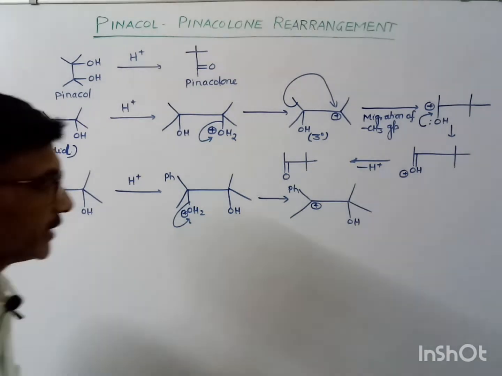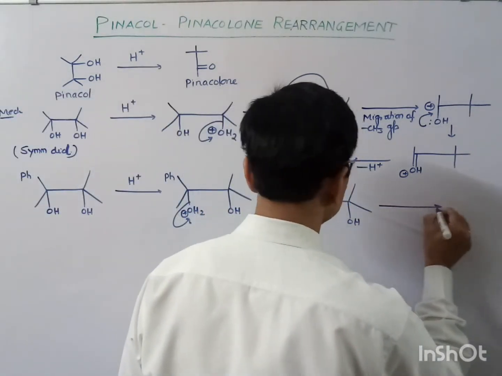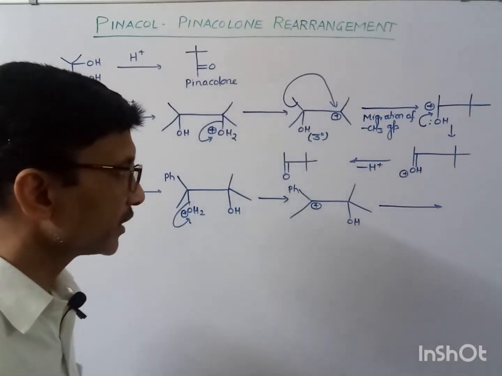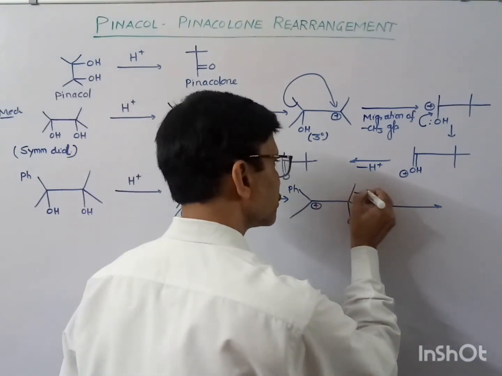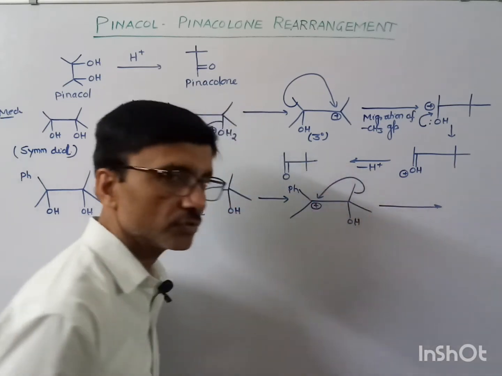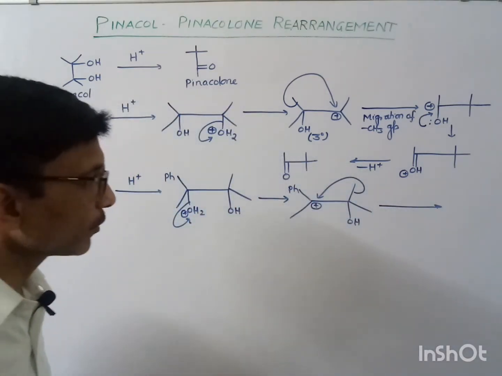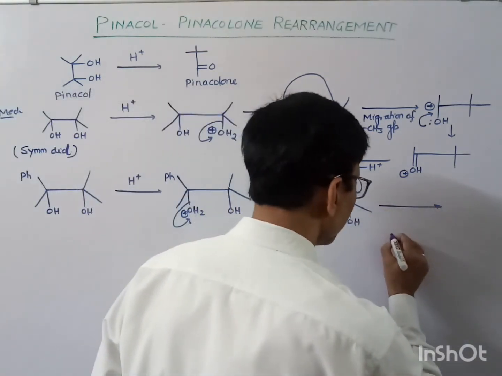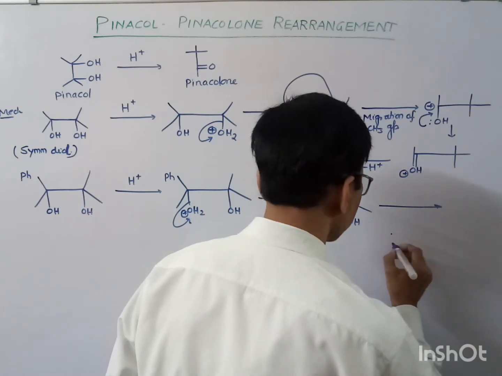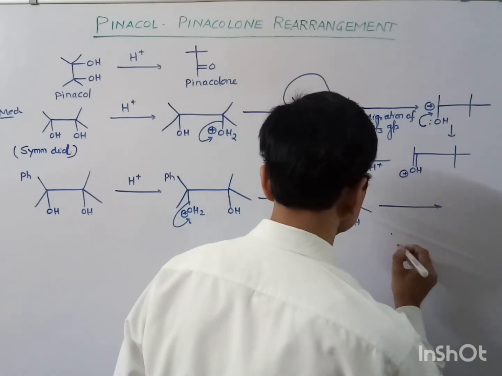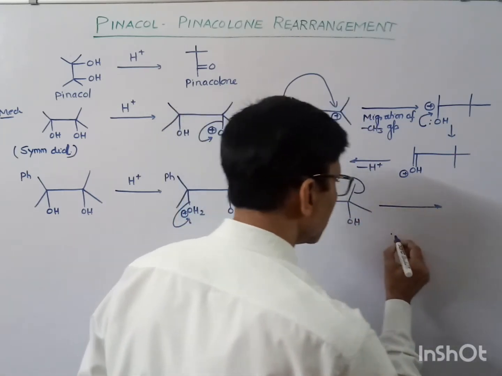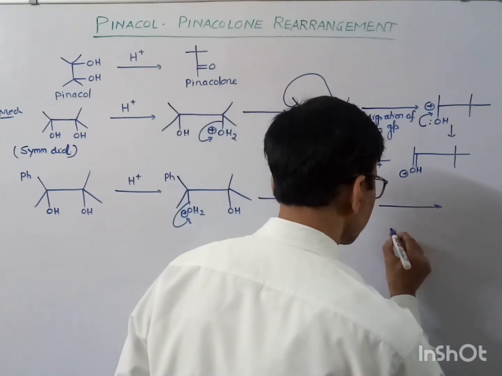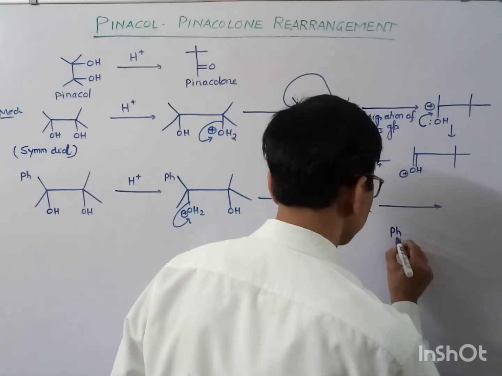Now in the next step the positive charge should be neutralized, and that can be neutralized by the migration of one of the methyl groups. So one of the methyl groups will migrate from here, and we get the positive charge now created over this carbon, and we have this phenyl group.